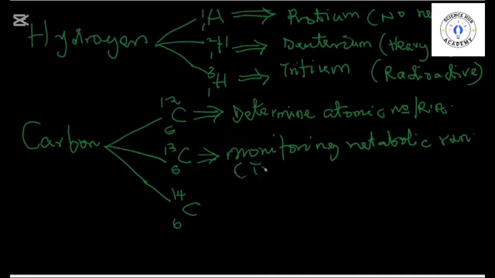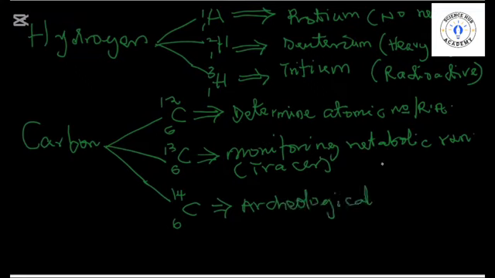If you want to monitor reactions in the body, for example, you can use carbon-13. Then carbon-14 is for archaeological dating. They use it a lot in detecting the ages of old fossil records.